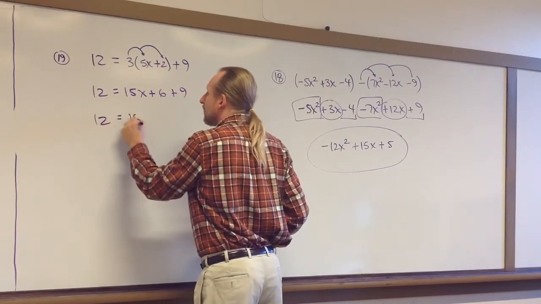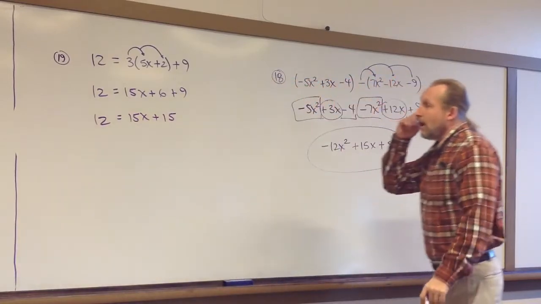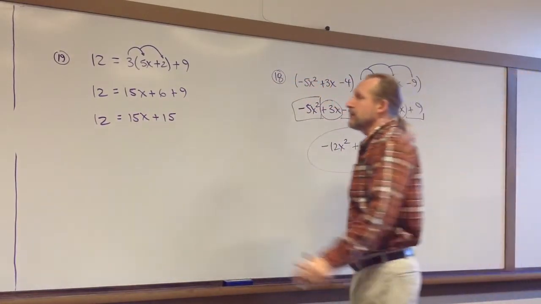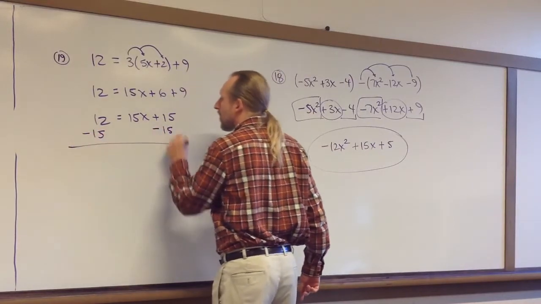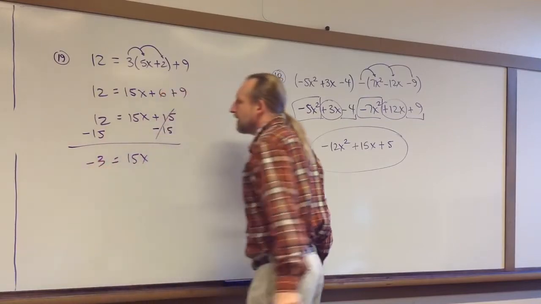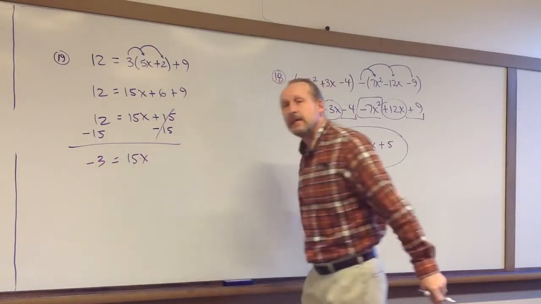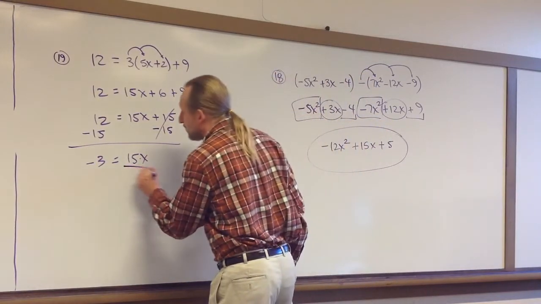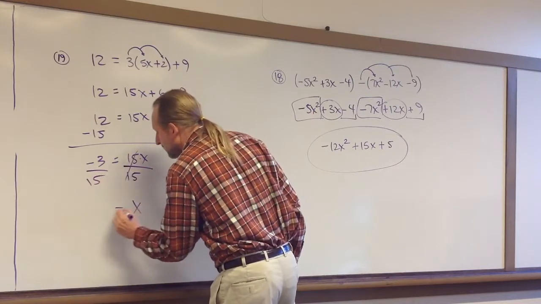So 12 equals 15x plus 15. Okay, well, what I'm going to do here is I'm going to subtract 15 on both sides. So 15x equals negative 3. And notice that the x is getting multiplied by 15. So if I want to get the x by itself, I have to divide on both sides by 15.